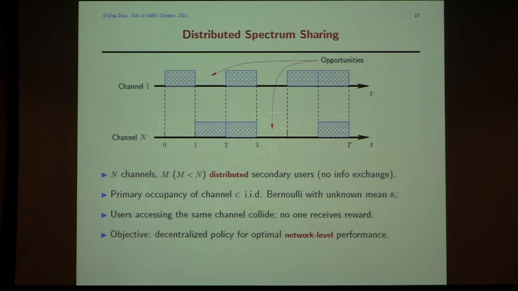They cannot exchange information with each other. If more than one user goes to the same channel, playing the same arm, they will collide and no one receives any reward. Or with partial sensing, only one of them receives reward and the others receive nothing, which is still undesirable because if you orthogonalize them over different channels at the network level, you could get more throughput.